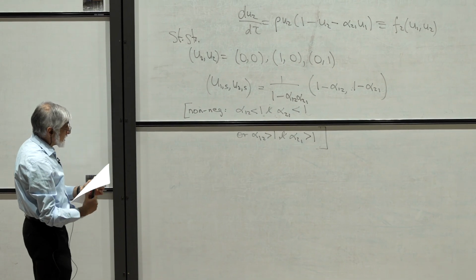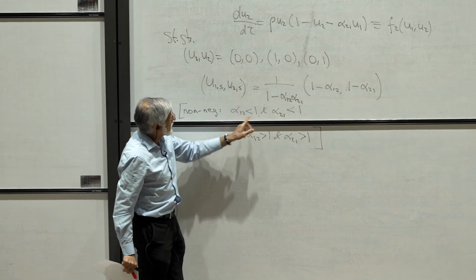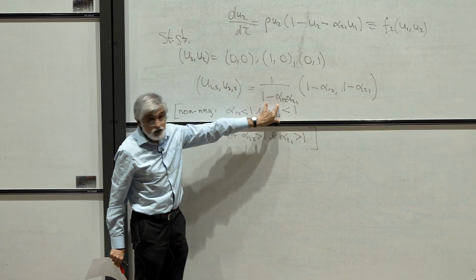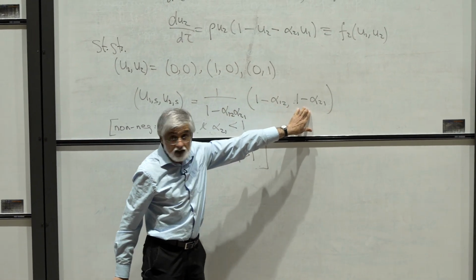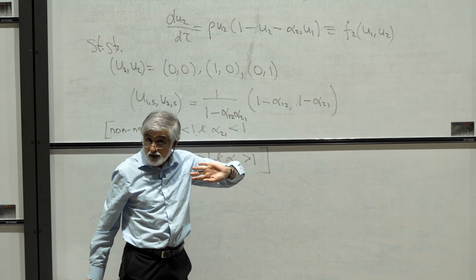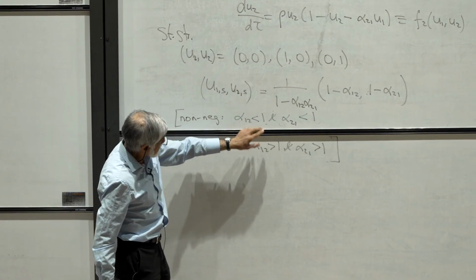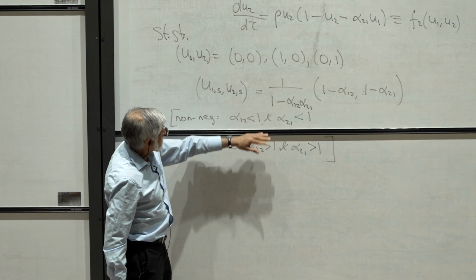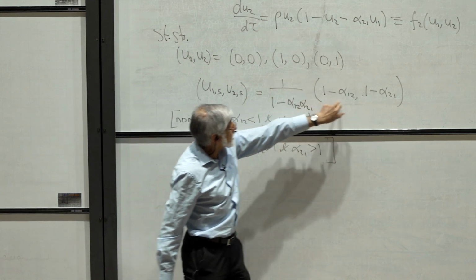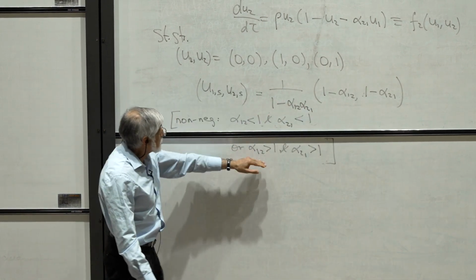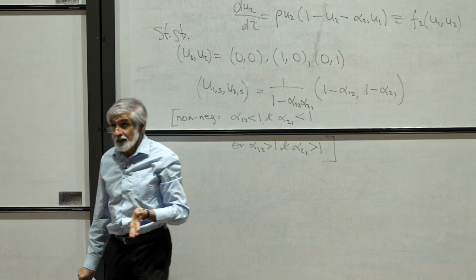The way we get that is, if these are bigger than 1, that's negative, that's negative, that's negative, so it's all positive, so that's fine. Less than 1, or sorry, I got that the wrong way around. Less than 1 means that's positive, positive, positive, that's fine. Bigger than 1, negative, negative, negative, negatives cancel, that's fine.